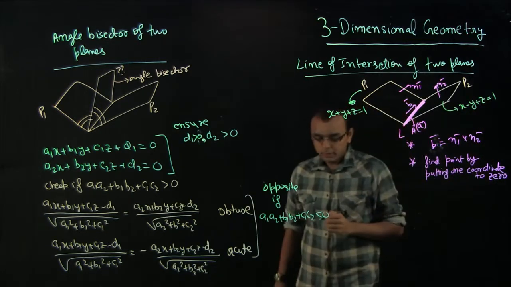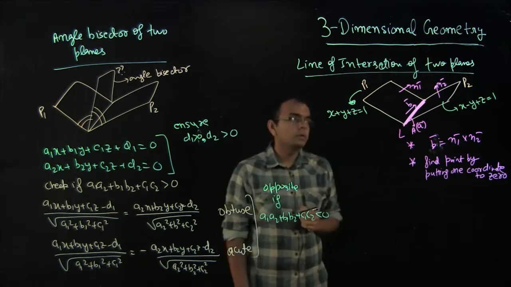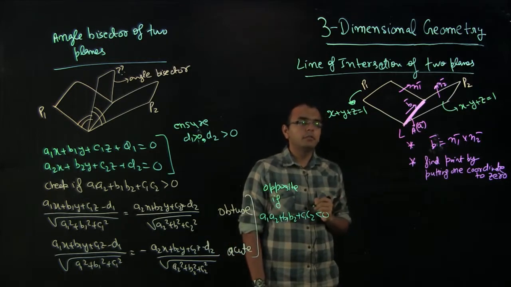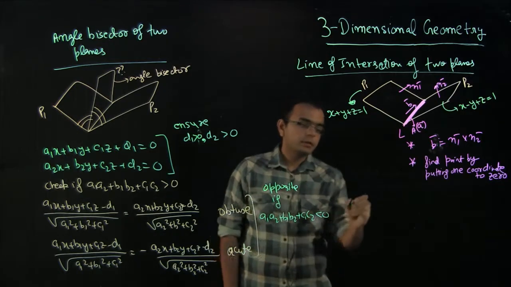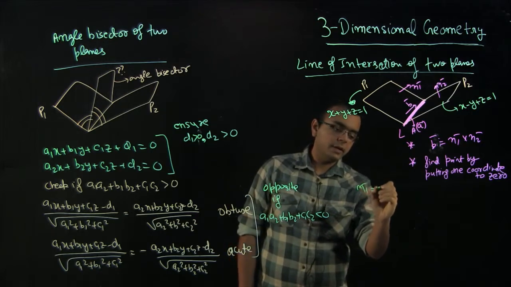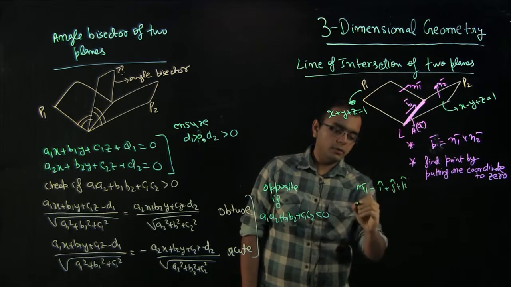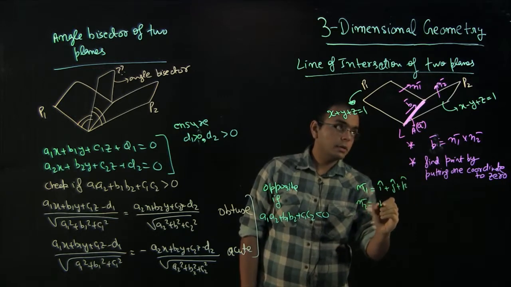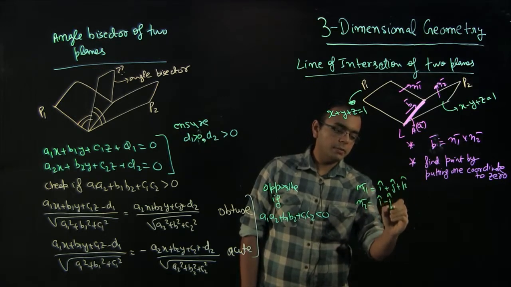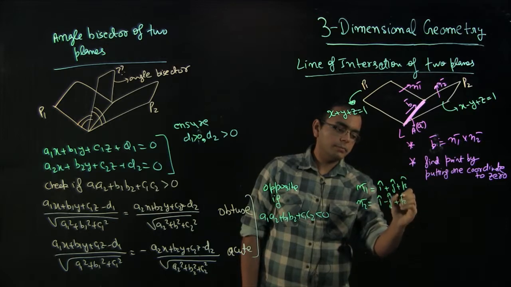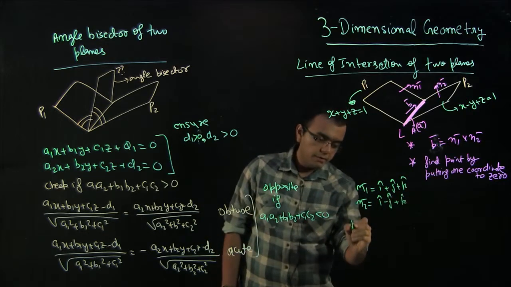So the first thing we have to do is find the B vector. So what is the n1 vector? That is i cap plus j cap plus k cap, and the n2 vector is i cap minus j cap plus k cap.